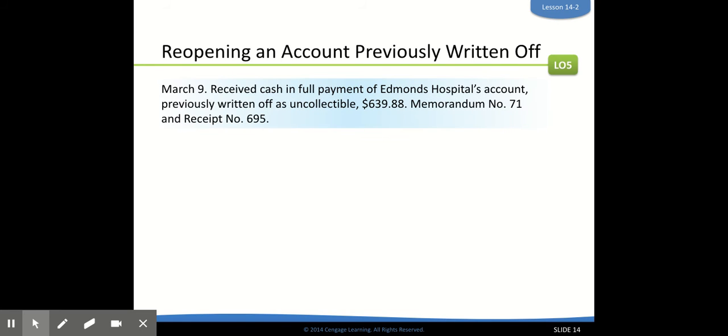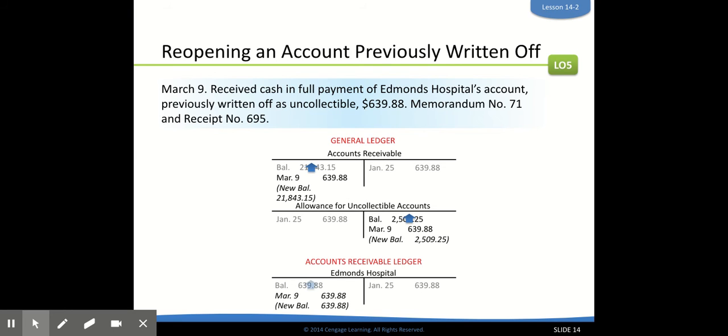Well, then on March 9th, we randomly get a payment from Edmonds Hospital. So what we need to do is the opposite of the transaction that we just did. We're going to debit accounts receivable and credit allowance for uncollectible accounts. Debiting accounts receivable puts a balance back in that account that we had previously zeroed out.